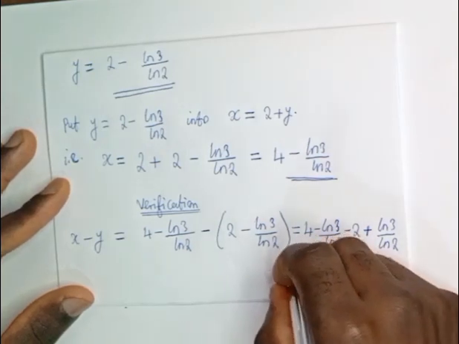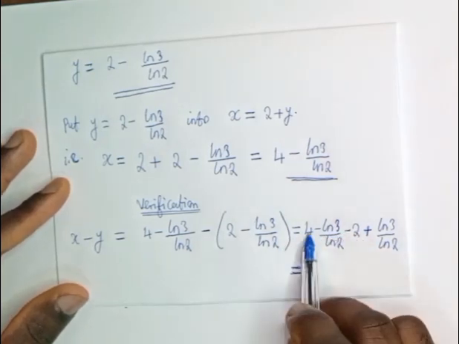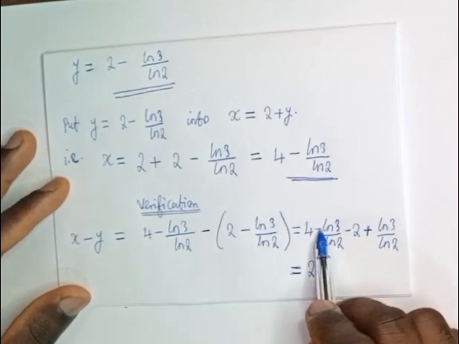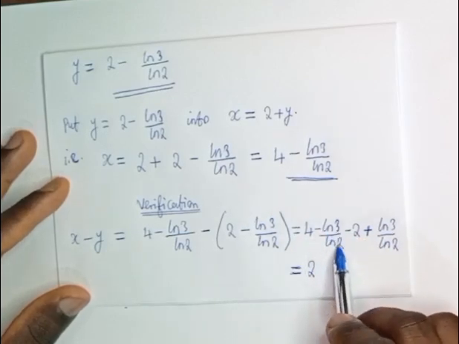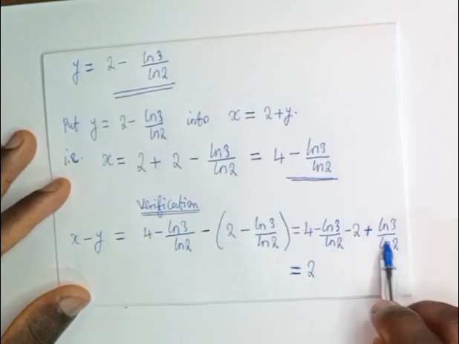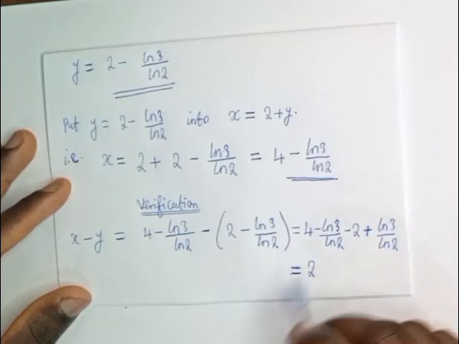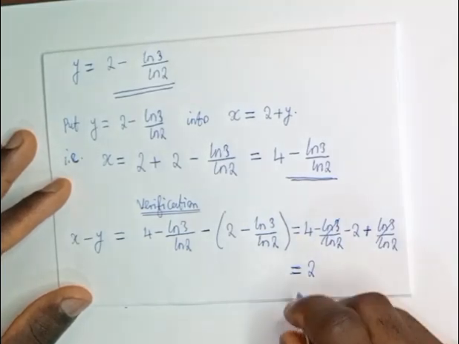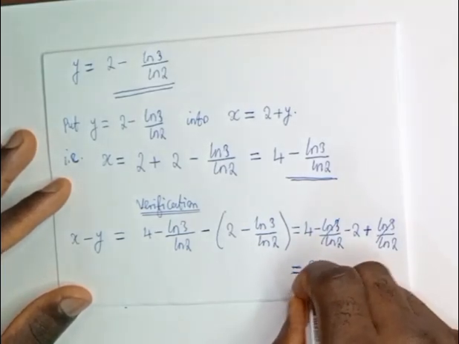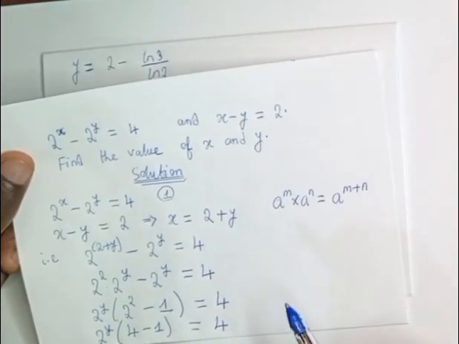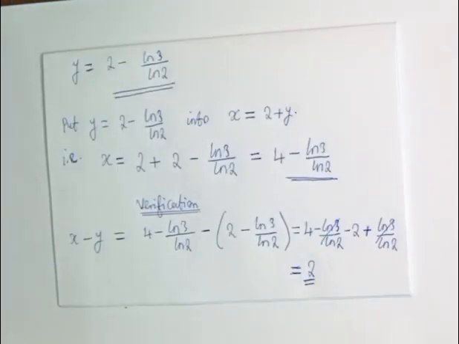This will simply be equal to 4 minus 2 gives us 2. Negative ln 3 on ln 2 plus ln 3 on ln 2 gives 0. This and this will cancel off. And it gives us what we have at the right hand side of the equation, which is 2. We are done with the solution of this question.